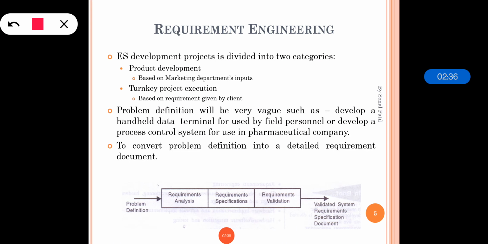Now starting with the first, that is requirement engineering. As its name implies, requirement engineering is mainly responsible for collecting all types of requirements.